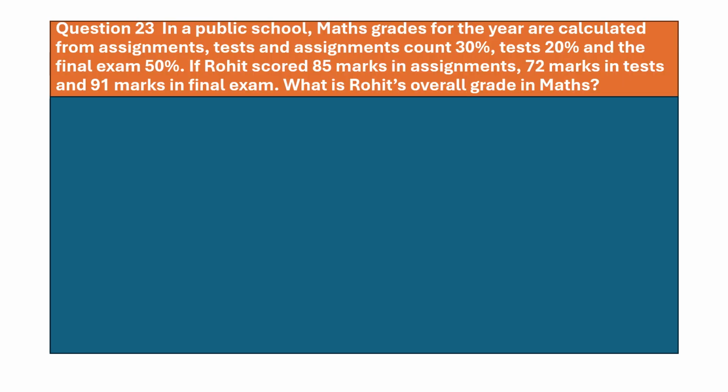In a public school, maths grades for the year are calculated from assignments, tests and a final exam. Assignments count 30%, test 20% and the final exam 50%. If Rohit scored 85 marks in assignment, 72 marks in test and 91 marks in final exam, what is Rohit's overall grade in marks in maths?